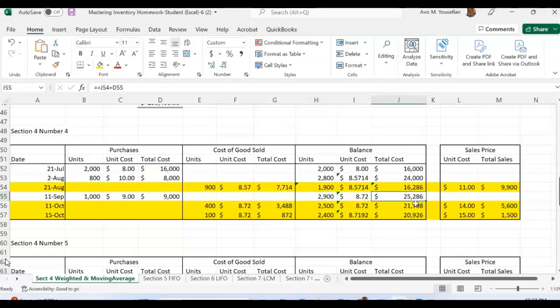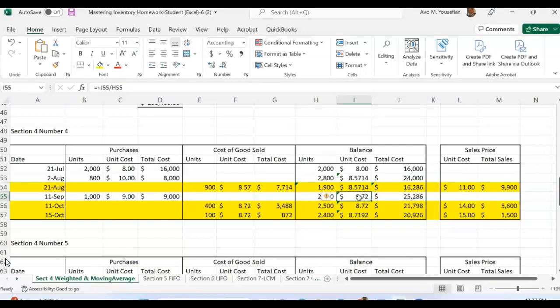How much is the total cost? Total cost now is equal to 16,286 that we had before, plus 9,000 that we added here. That's 25,286 available cost of inventory. So what would be the average cost?